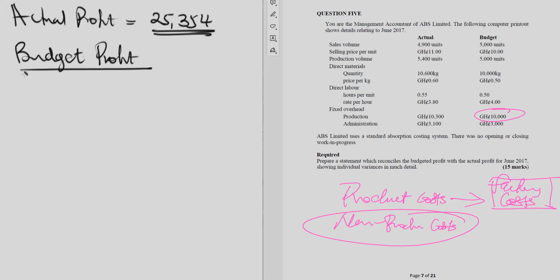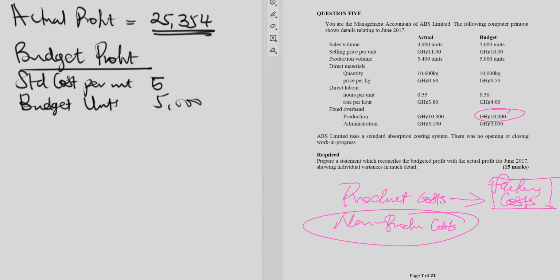So I know that my standard cost per unit is actually how much? I think I had 5, not so. And then the budgeted units is actually 5,000, not so.